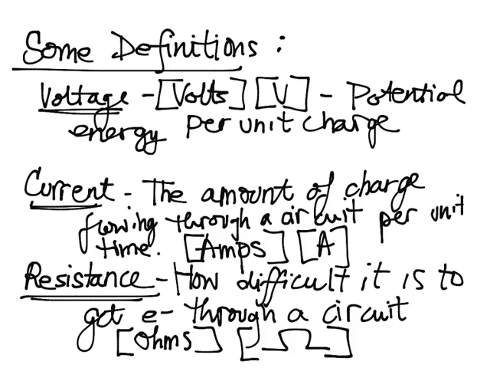So if you look at a battery and you see 1.5 volts, that means each electron only experiences a certain potential energy when it's stuck at that negative end. But if you see a 9-volt battery, that means that at that negative end, each electron has a much higher potential energy.